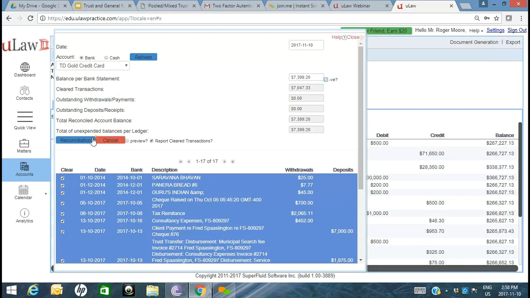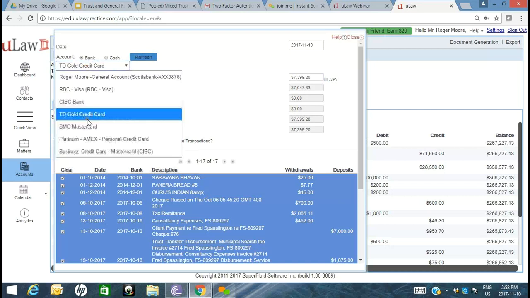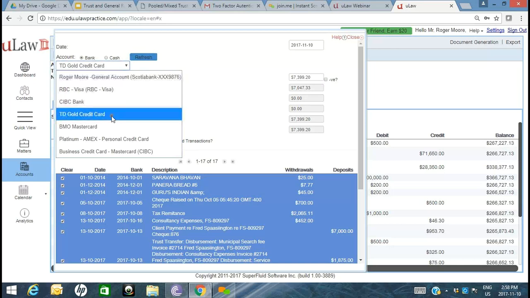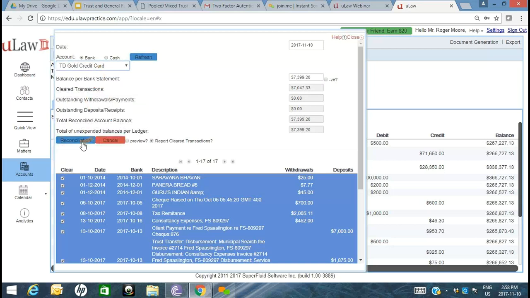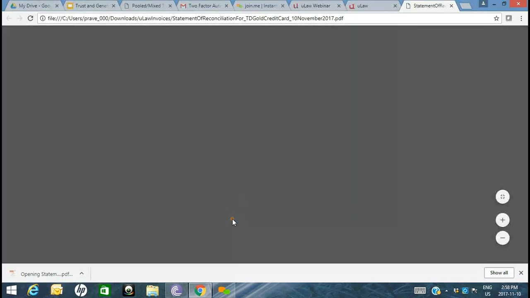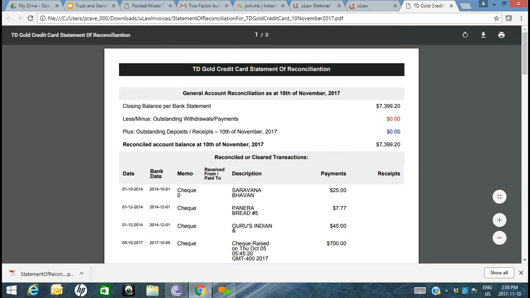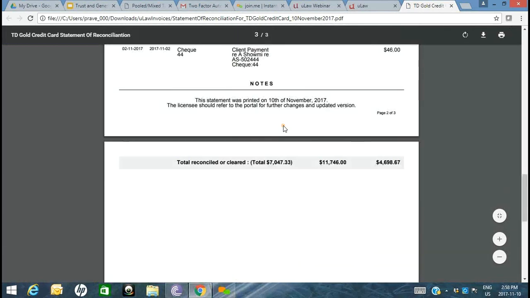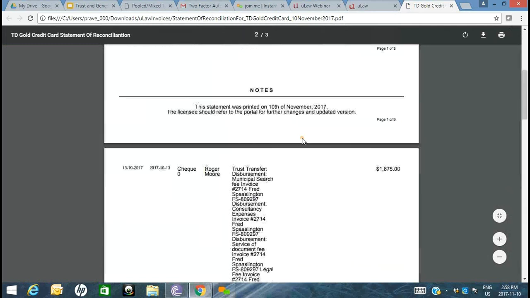This particular withdrawal, maybe this happened on the 16th. So just like your general reconciliation, you're clearing all of these transactions.